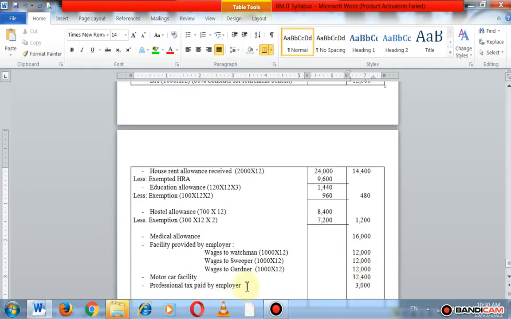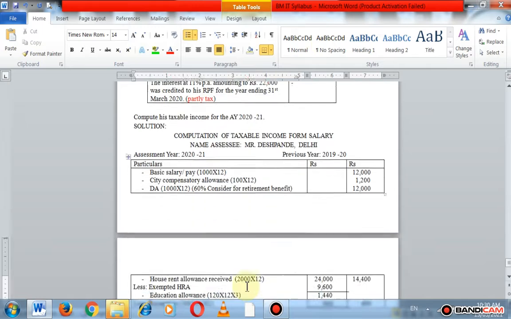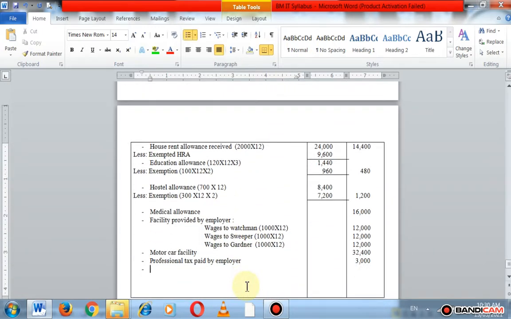Then next is employer contribution to RPF. Here 600 per month, so 600 multiplied by 12 is equal to 7,200.